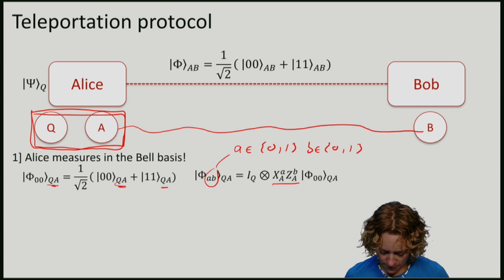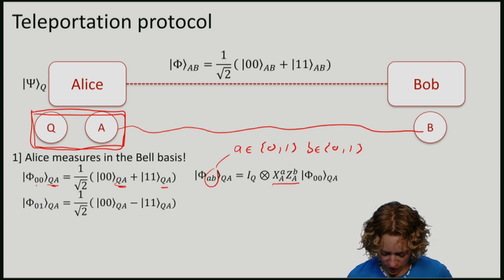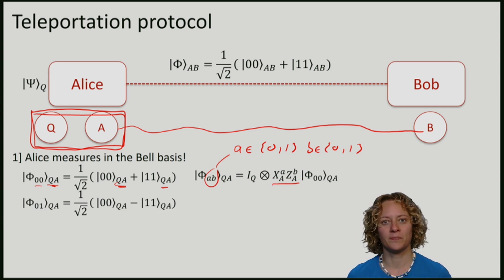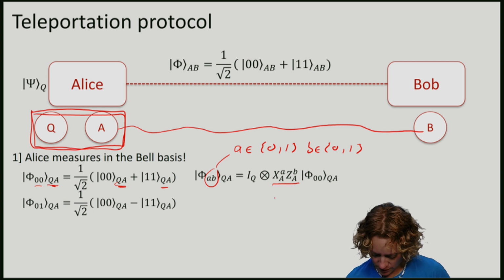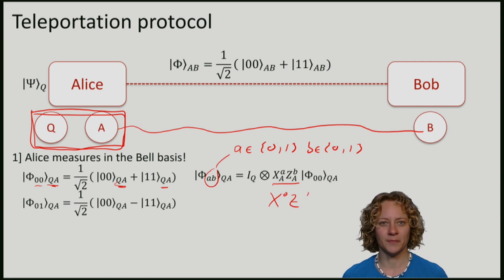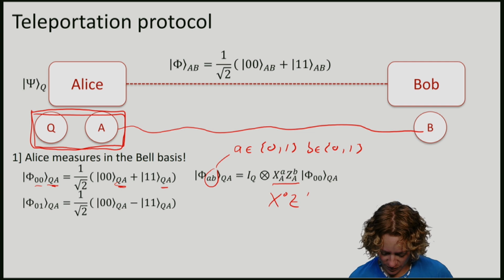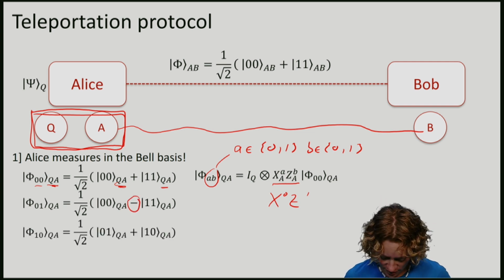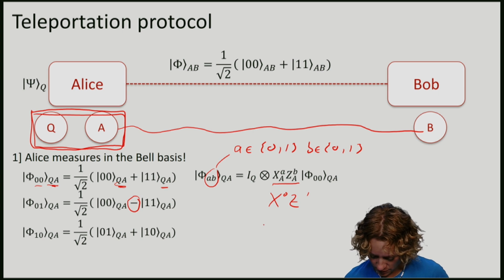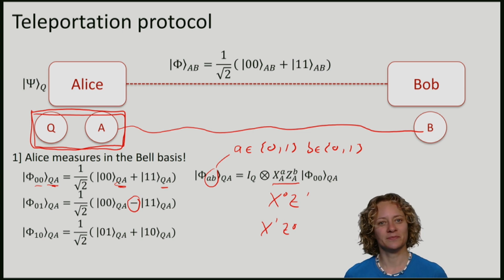So to be precise, 0, 0 means that we do nothing, just the identity. And this gives us the EPR pair. 0, 1 means that I apply this operation. So I just apply the Z, flipping the phase, which gives me the minus. 1, 0 means that I just apply X, flipping the bit.